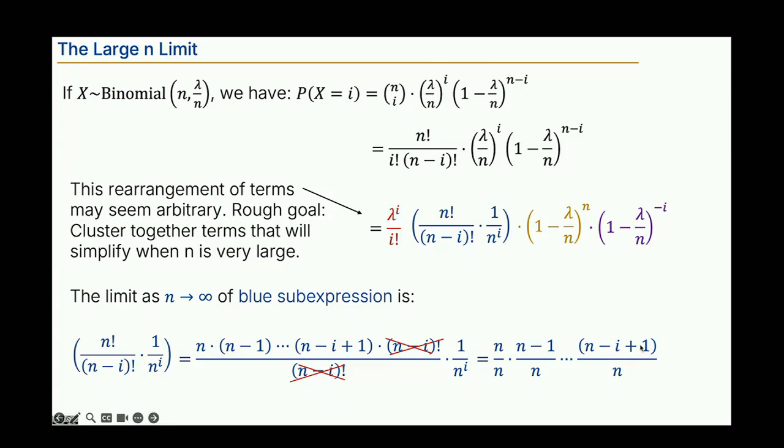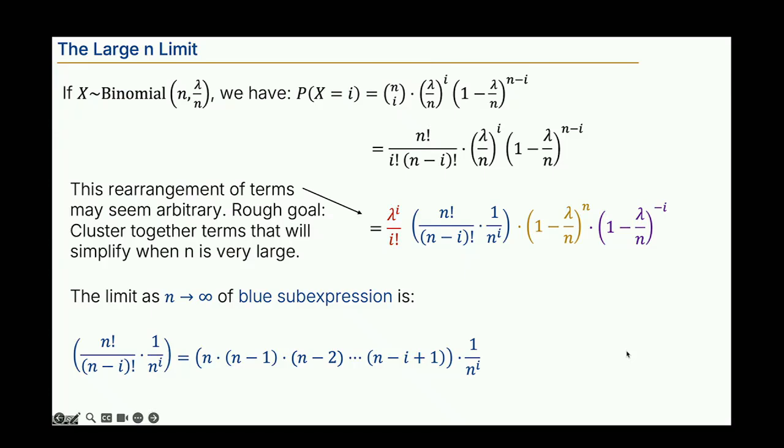As n gets really, really big, this thing's just going to be 1, because it's like 1 times a number slightly less than 1 and so forth. So as n gets really big, it'll go to 1. If you really want, you can write it out as follows, where maybe I pick i equals 4 and n equals 10. Maybe that'll help convince you. What really happens over here?